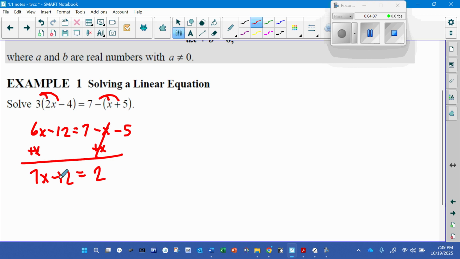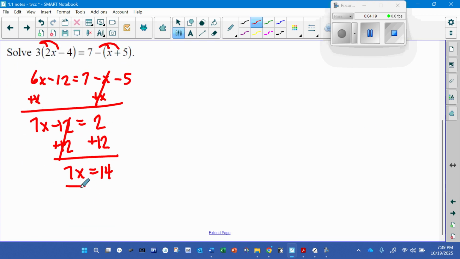Now I can add this 12 to both sides, and that cancels here, so you've got 7x equals 2 plus 12 is 14. And now you can divide, because 7 times x and the opposite of times is to divide, so 14 divided by 7 is 2. So the solution to this equation is 2.